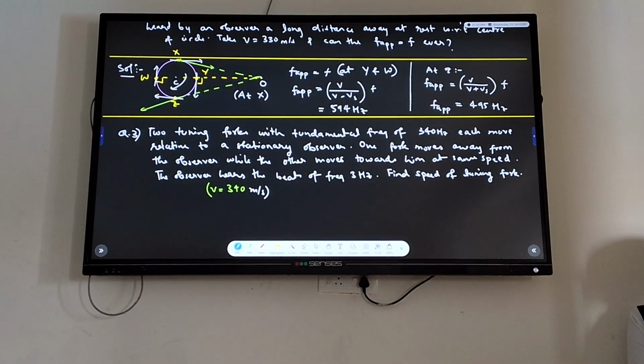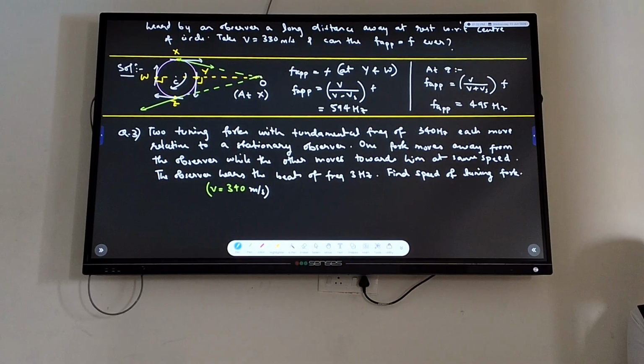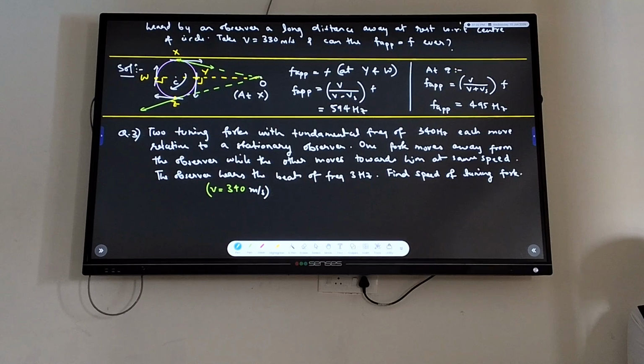If you do it exactly, you will find a quadratic. I don't know why it's giving a wrong answer, but it will give you a wrong answer if you do it exactly. But if you understand the question and understand the approximation that can be made here, then you can get the answer. There's an approximation that you can make here.